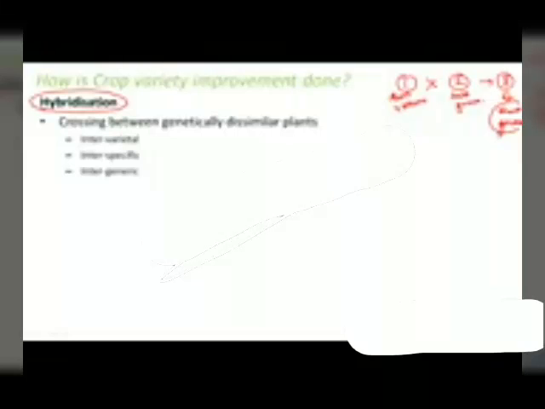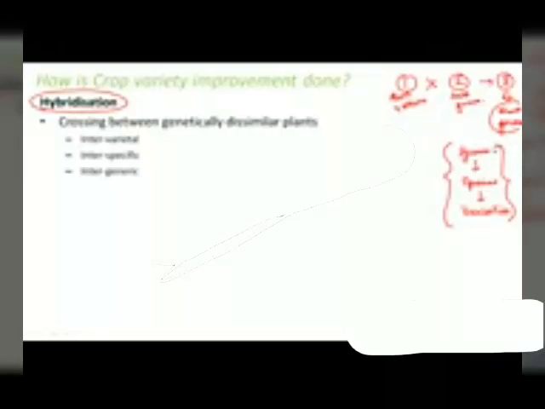So you have that order. Similarly in animals again you have that order. So when we look at the taxonomic order in case of plants, we find that there is something called genus. Under that genus you have something called species, and under the species you have something called varieties. So this is the order.